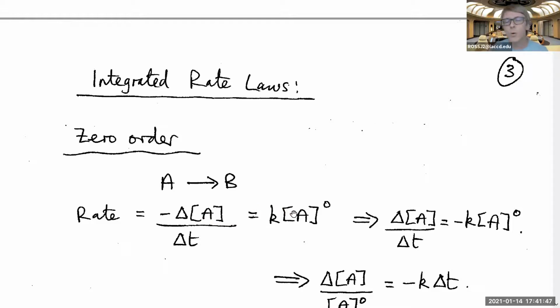We can set this equal to the zeroth order rate law, not the first order rate law. We're looking at order 0. So this 0 here doesn't have anything to do with time. It tells us that our order is zeroth order.